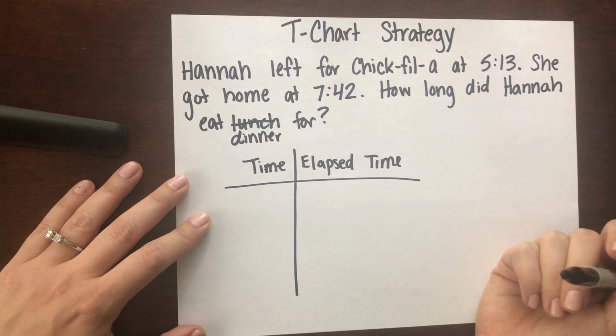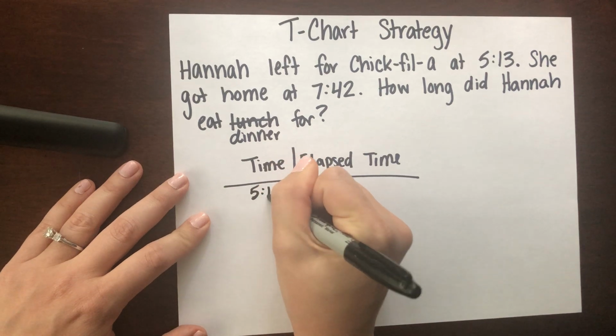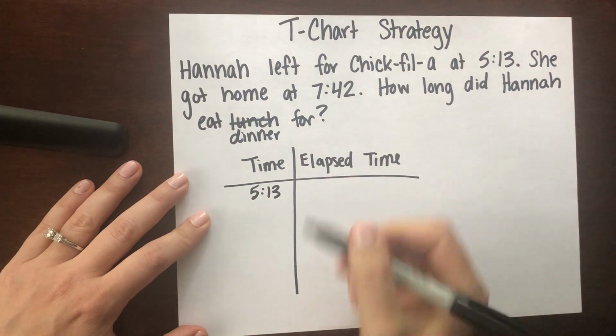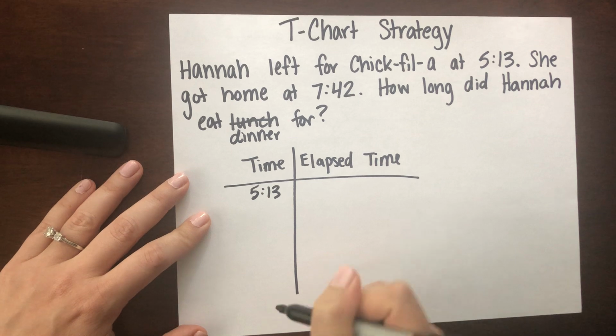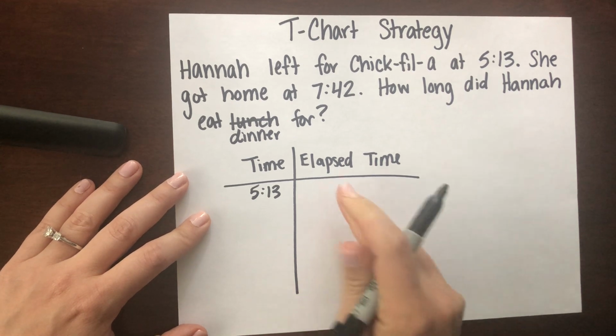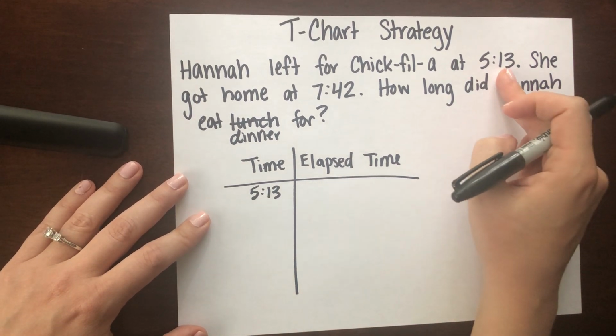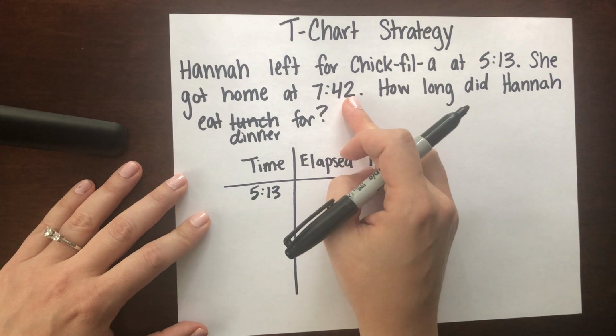So what I'm going to do first is put the start time, which is 5:13. We know that the ending time is 7:42, so that's the time that we're going to end with. And we're figuring out the elapsed time. How much time is from 5:13 to 7:42?